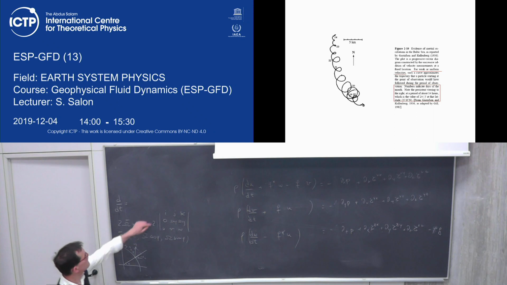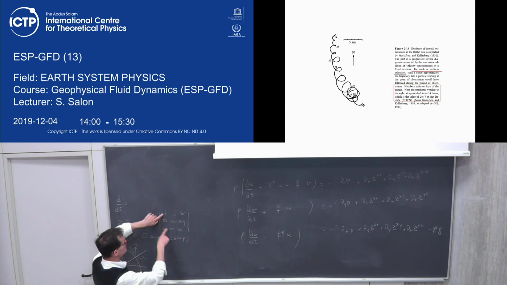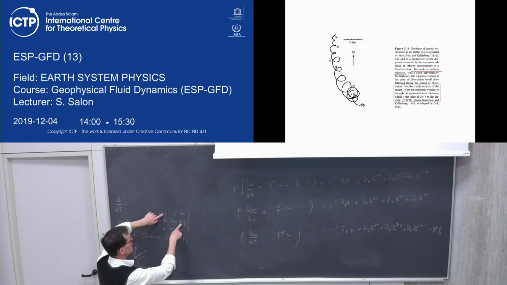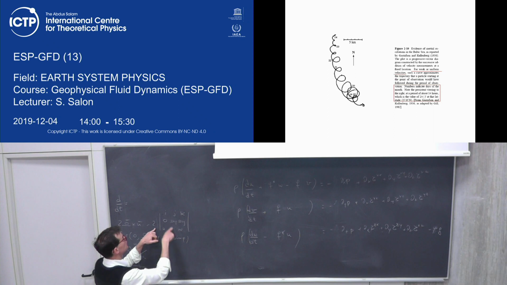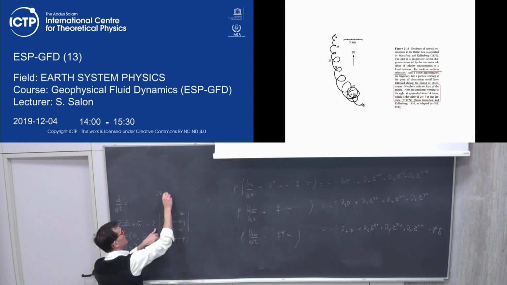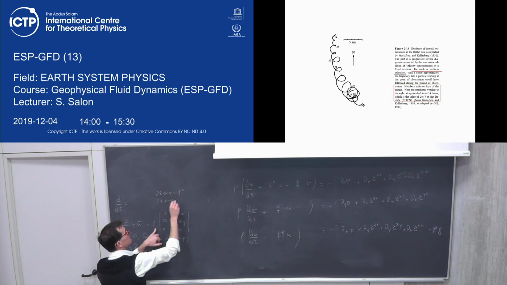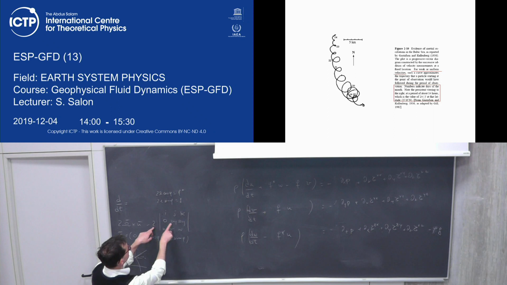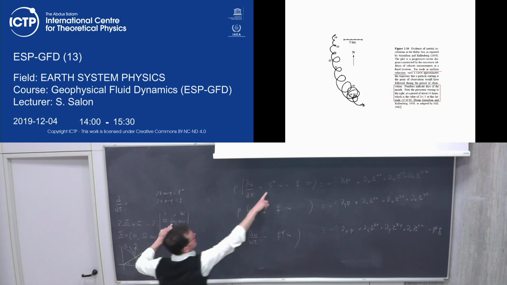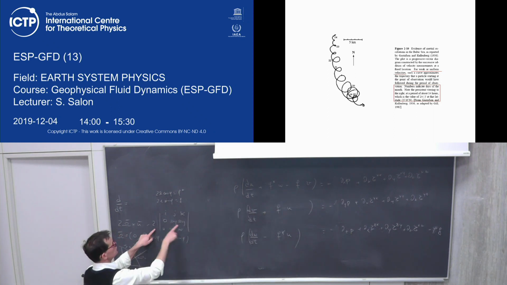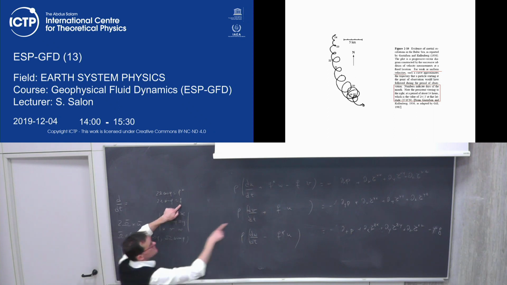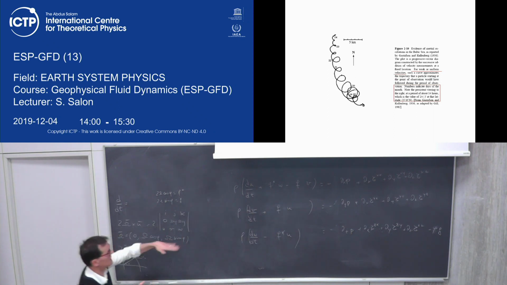I first get cosine phi w minus sin phi v, multiplied by 2. I know that 2 omega cos phi is f star, 2 omega sin phi is f. So this is f star w minus f v. And the rest is the same.